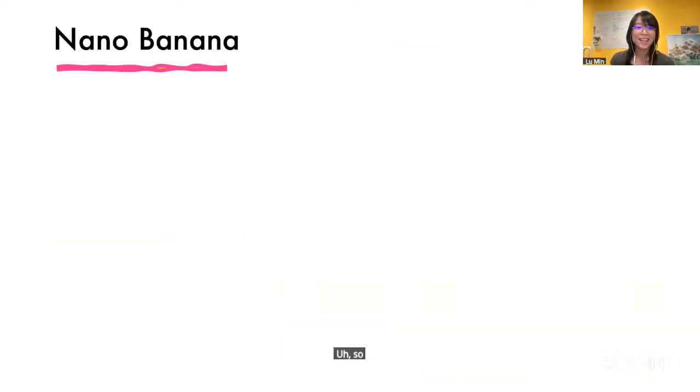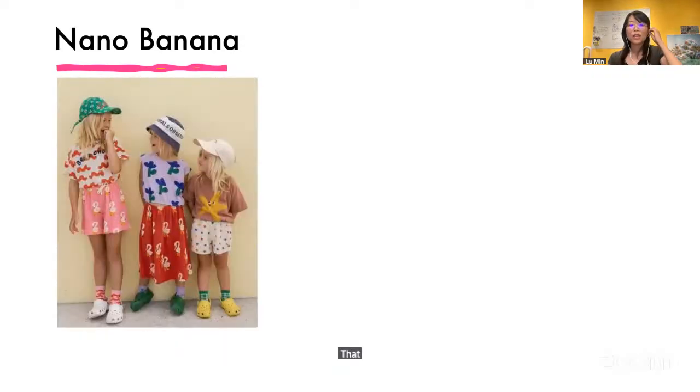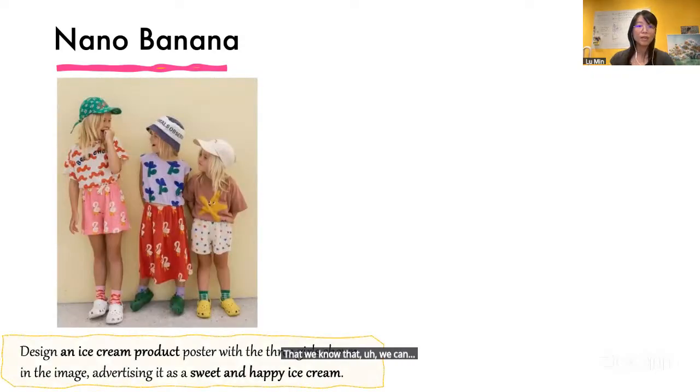Nano Banana actually is a very powerful image generation and editing model. We can feed Nano Banana a reference image and ask it to generate something conditioned on the text here. Say we want Nano Banana to generate an ice cream product poster from these three girls.